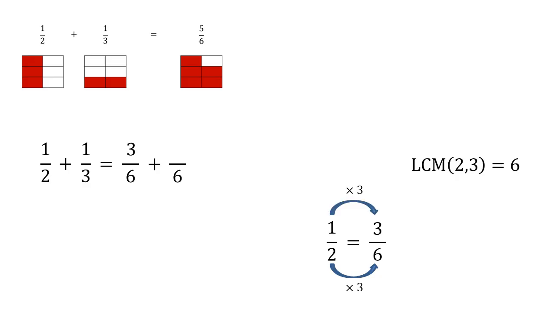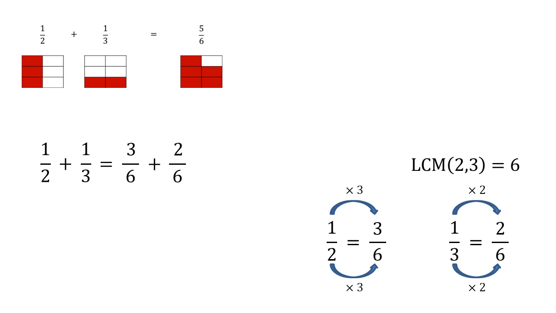So we've changed a half into 3/6, which again matches our diagram from before. We're now going to do the same thing with a third. So this time the denominator from 3 to 6 is being multiplied by 2. So we're going to multiply the numerator by 2, which gives us 2/6. So our sum, a half add a third, has now changed into 3/6 add 2/6.